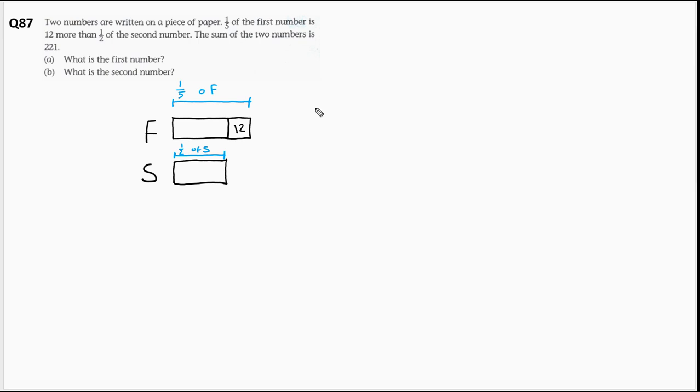So where does that leave us then? Well, let's do this bit first, because this seems quite easy. If this is 1/2 of the second number, then another part like this must represent the whole of the second number.